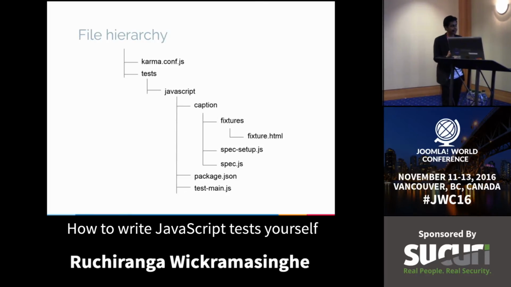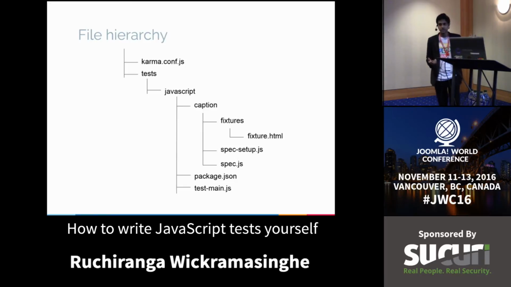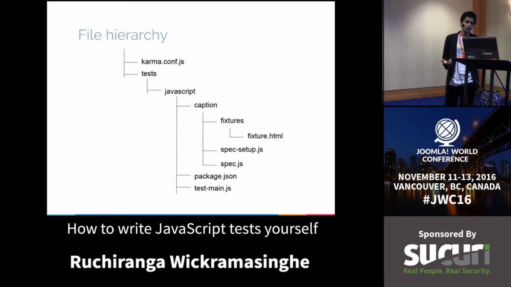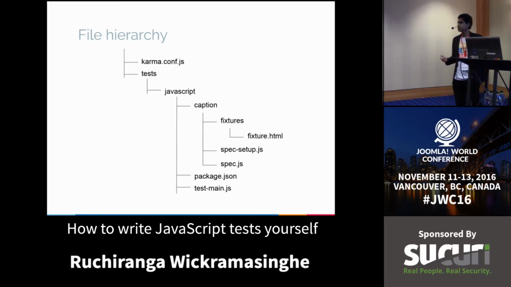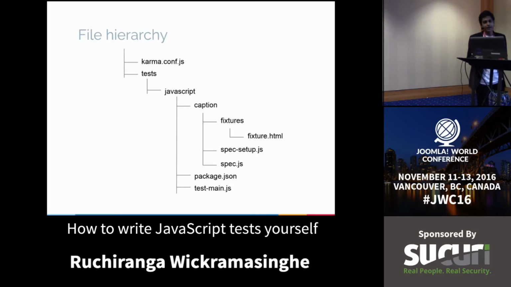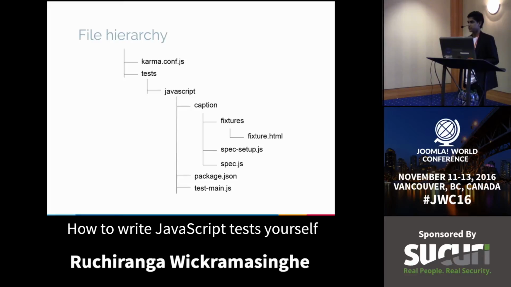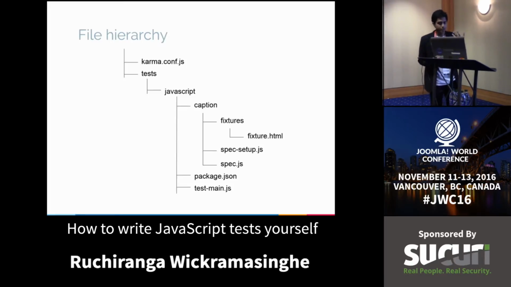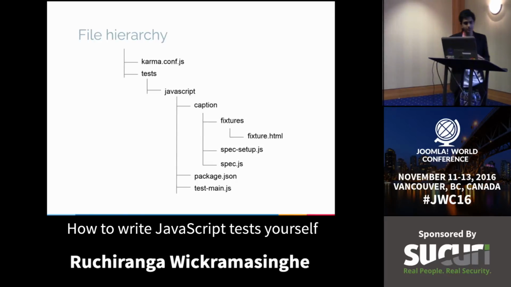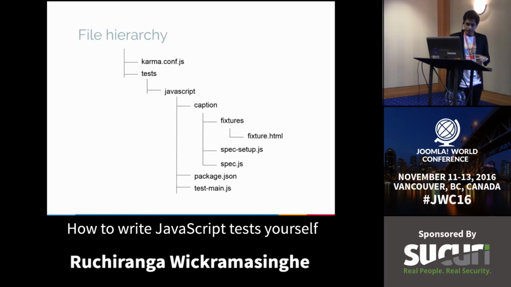The package.json file is the result of using Node Package Manager to manage our dependencies. And the test main.js is an auto-generated file by the require.js plugin that we use to dynamically include the library files that we use in the test cases. And actually we did some modifications to that file as well, which I'll talk about later on in the slides.